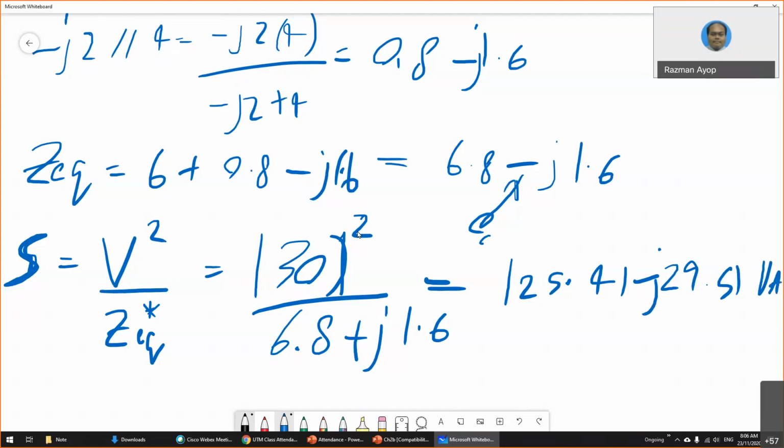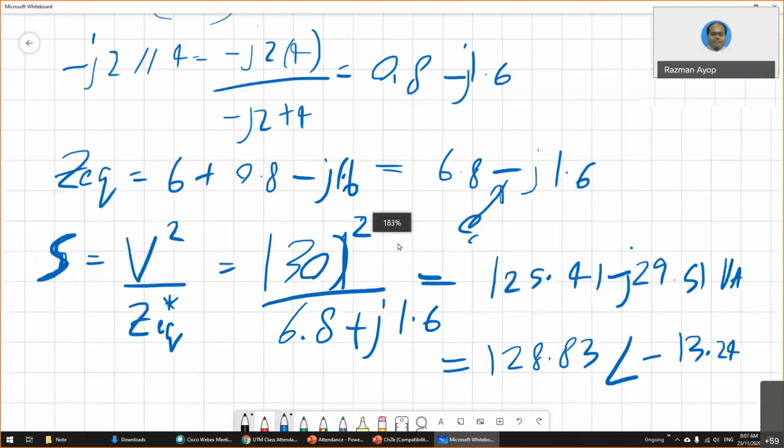For complex power, I suggest you put both formats, rectangular form and polar form. For polar form, it also equals 128.83, the angle is negative 13.24, and the unit is also VA.